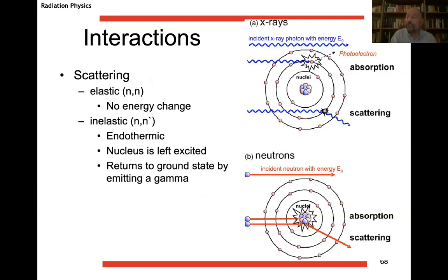So they have to go close enough to the nuclei to induce an effect. As you can easily imagine, because the size of the nuclei is much smaller than the size of an atom, the cross-section of ionization will be much higher than the cross-section for neutron interaction, which strongly depends on the size of the nucleus itself.